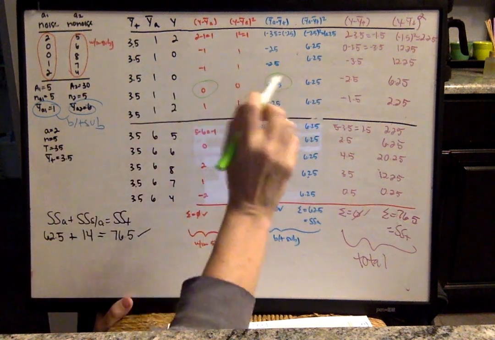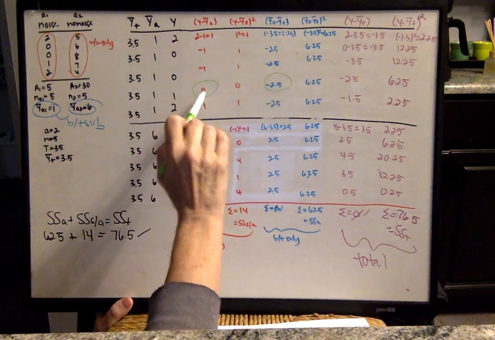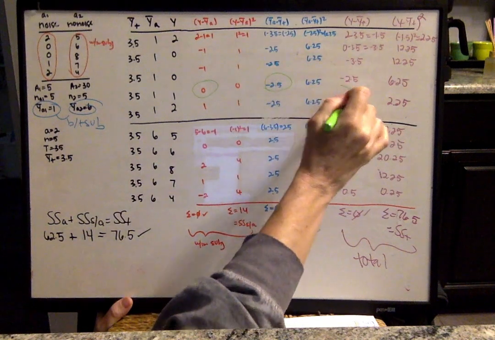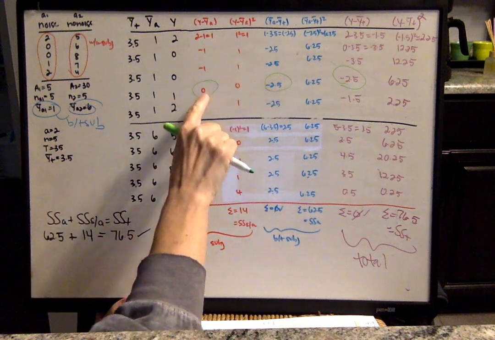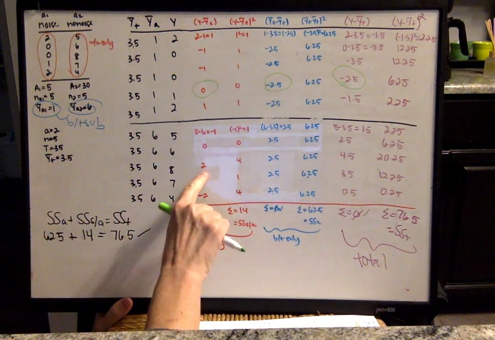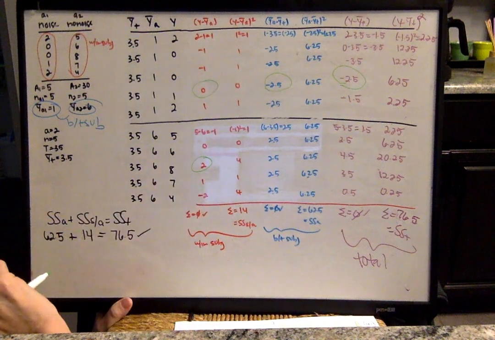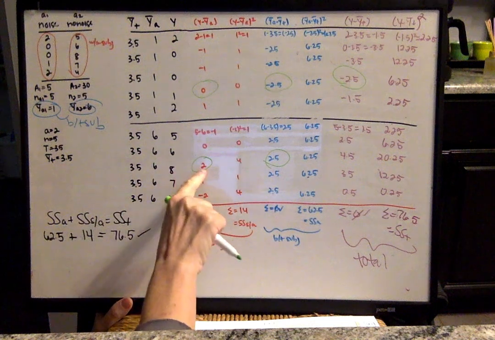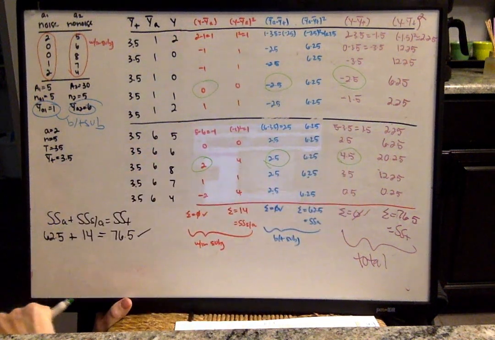The between subjects deviation is negative 2.5. So 0 plus negative 2.5 equals the total deviation of negative 2.5. Let's take one more, this one right here. The within subjects deviation is 2. The between subjects deviation is 2.5. 2 plus 2.5 does in fact equal 4.5.